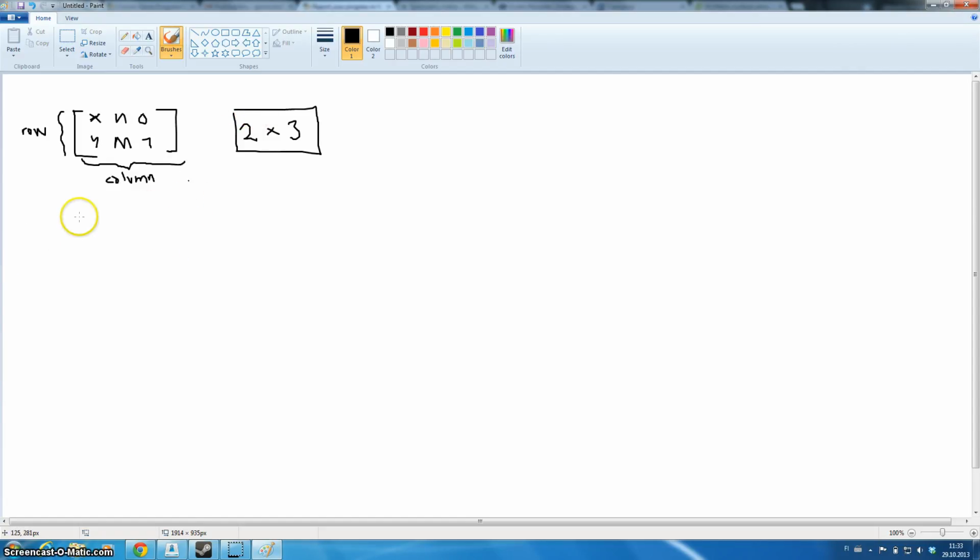And when it's square, there are as many rows as columns.